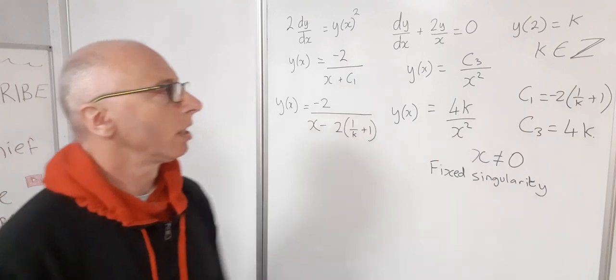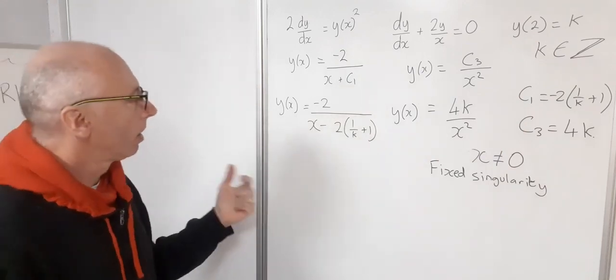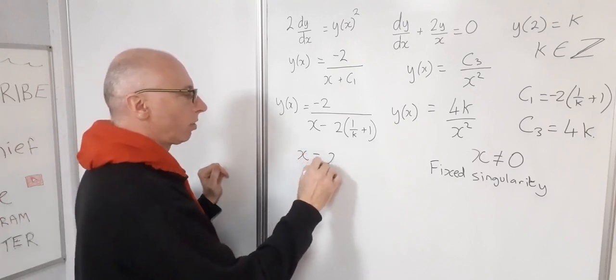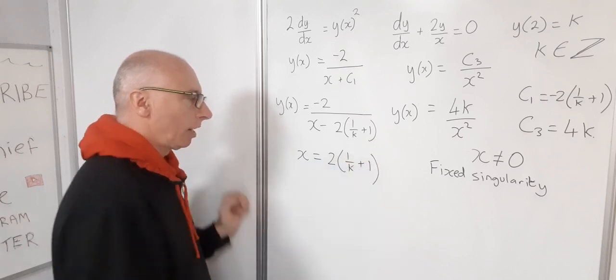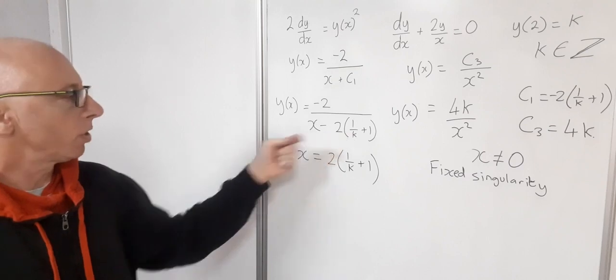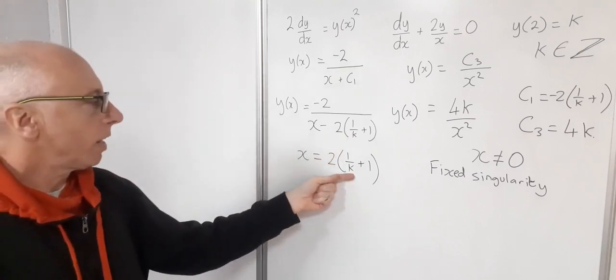It's an integer, so we don't know what that is yet. So this k could be anything. So what I don't want is for my x to equal 2 times 1 over k plus 1. If my x is that value, then this term on the bottom would become 0. So there could be different values of k where this is undefined.